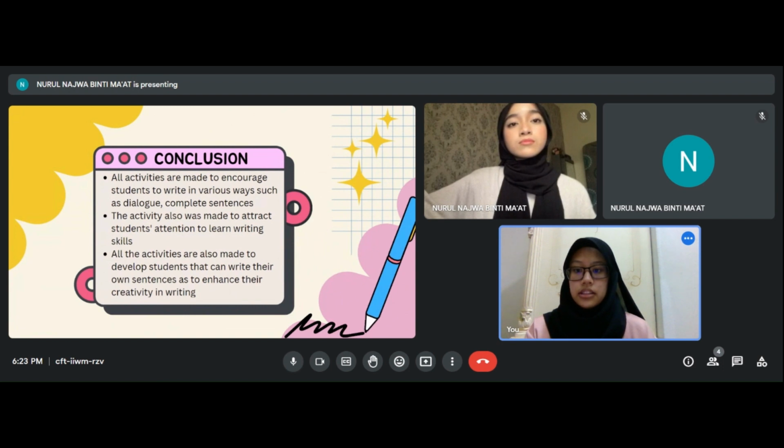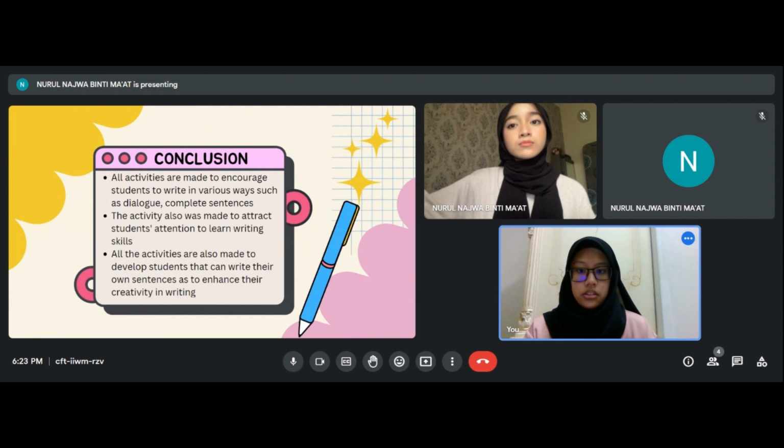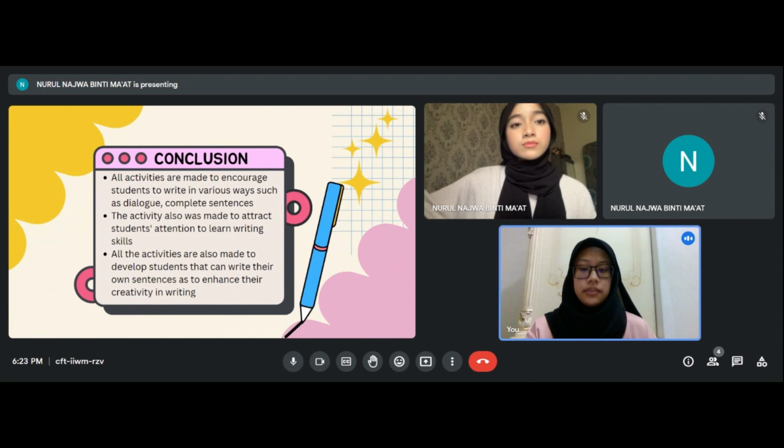Lastly, all the activities are made to develop students who can write in their own sentences to enhance their creativity in writing. Among all three activities, we want our students to become more confident in their writing skills, and we want to encourage them to write more, even if it's just dialogues or simple sentences.